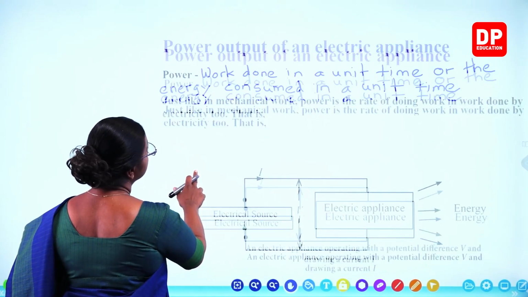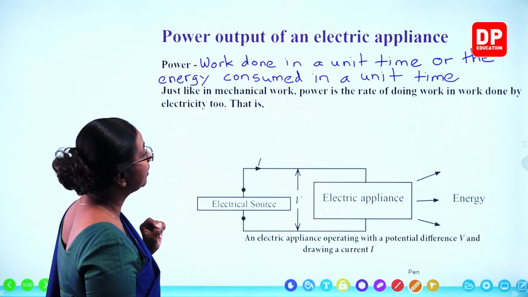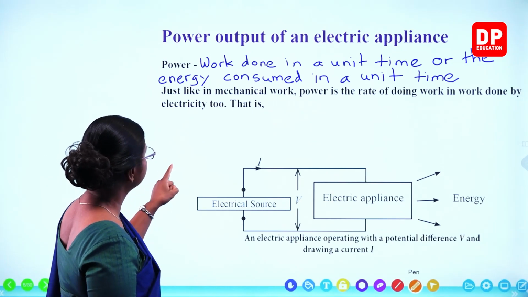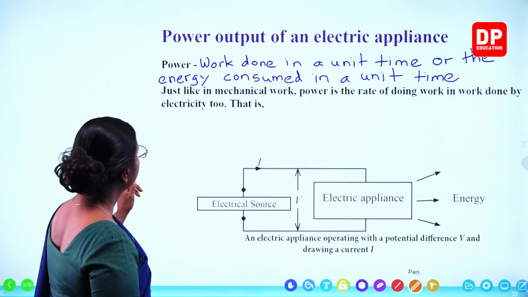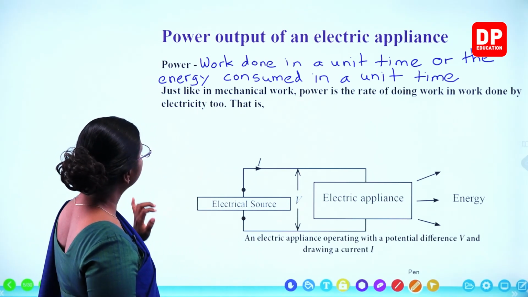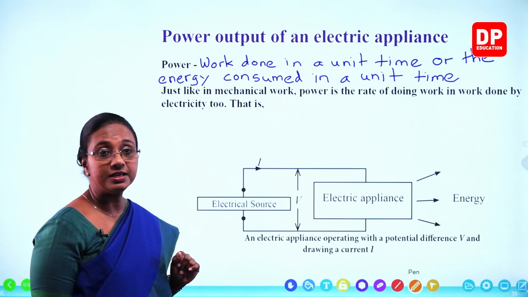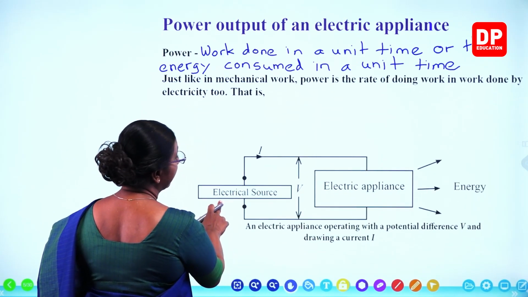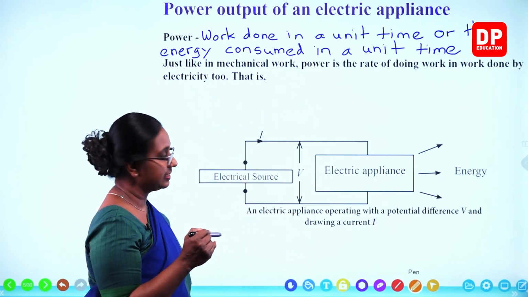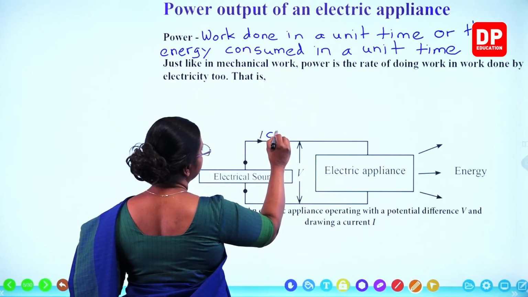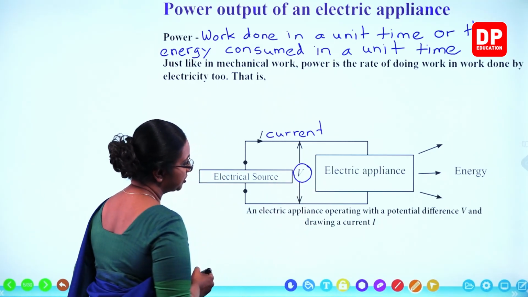Just like in mechanical work, power is the rate of doing work, and this applies to work done by electricity too. Power is work done in a unit time or the energy consumed in a unit time. Here there is the electrical source that provides the electricity, I is current, and V is the potential difference.